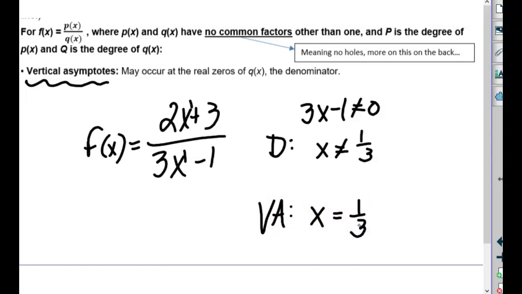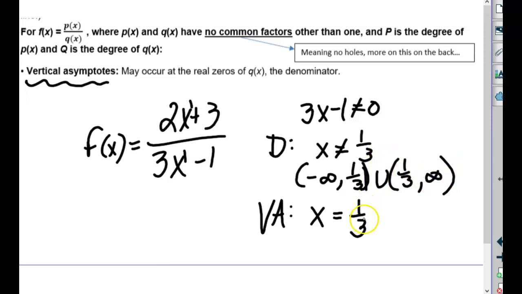Now, that sounds contradictory. Normally, this would mean I would make you write, okay, that's the domain, everything but 1/3.